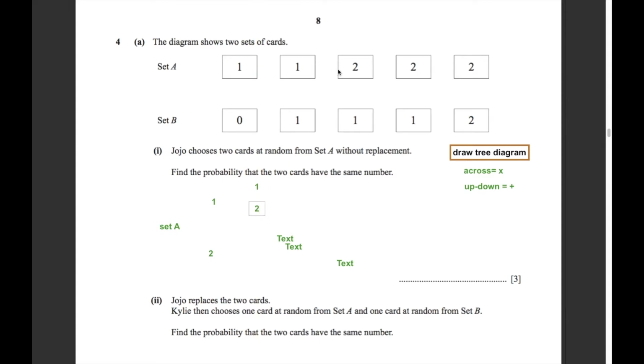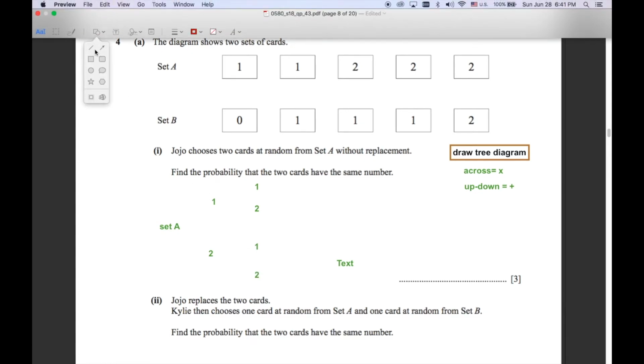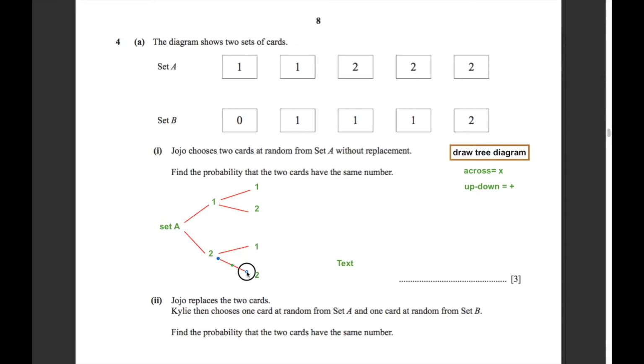And if our first card was a 2, we still have the option of getting these 2s or these 1s, so it's the same thing, 1 and 2. Let's just add the lines. There you go. That's our tree diagram. Here we have the first draw, and here we have our second draw.